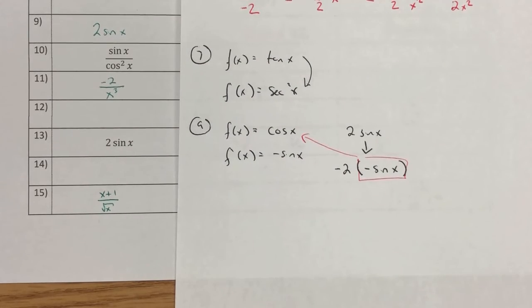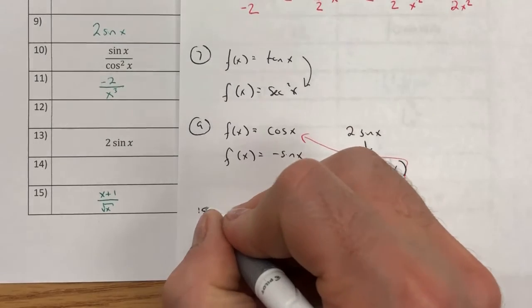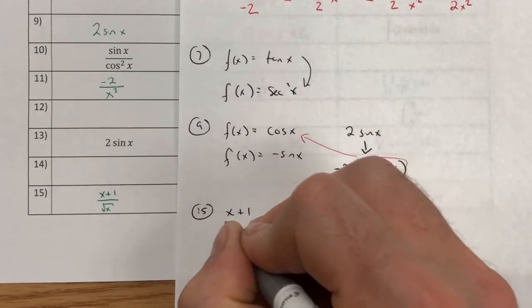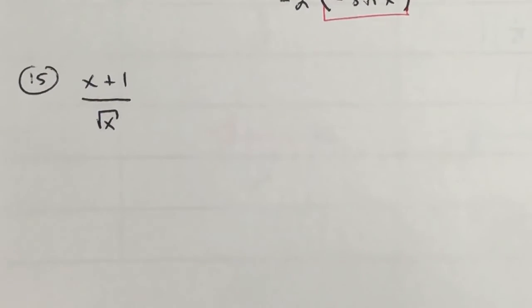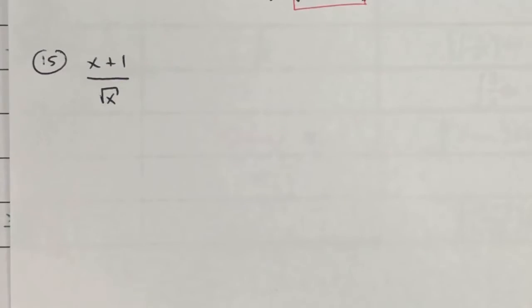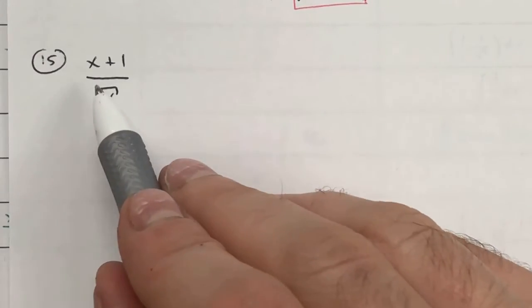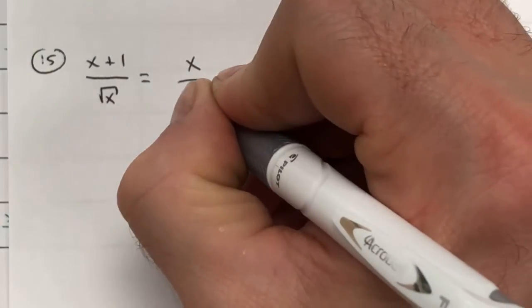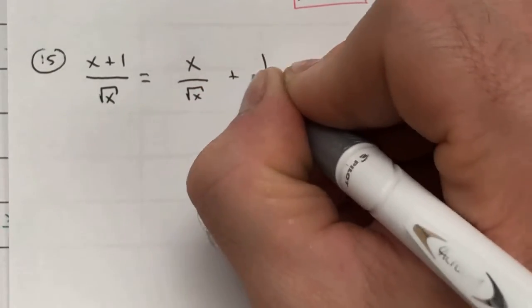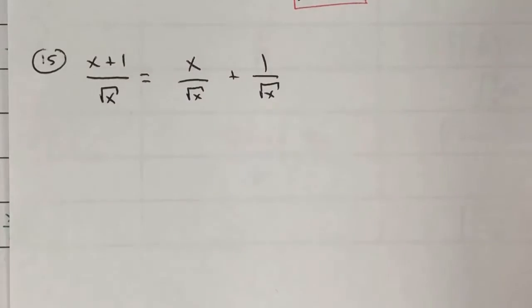Well, let's go ahead and copy this down real quick. 15, x plus 1 over root x. Let's see if we can't turn this more into a polynomial form. Okay. Well, the first thing I would do is I would split this up. I'd say, okay, how about I split the numerator into 2 parts? So that'd be an x over root x plus 1 over root x.